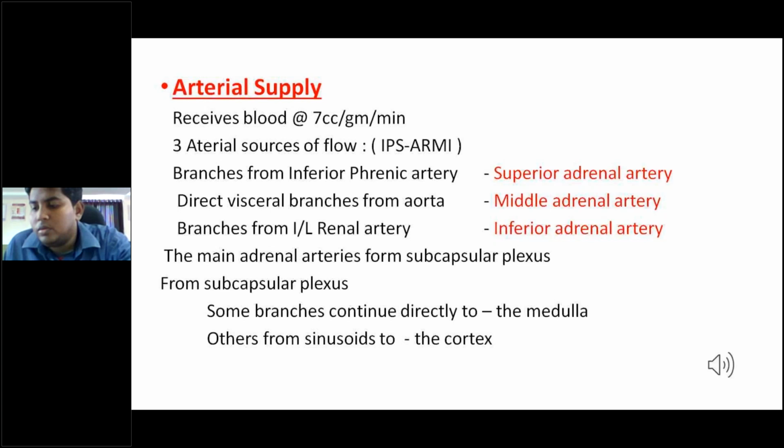If you remember clearly, superior, middle, and inferior: as the superior relation is the diaphragm, you can remember it's the inferior phrenic artery; the middle arises directly from the abdominal aorta; and the inferior adrenal artery arises from the ipsilateral renal artery. The 3 arteries form a subcapsular plexus, and from the subcapsular plexus, some go to the cortex and some to the medulla.